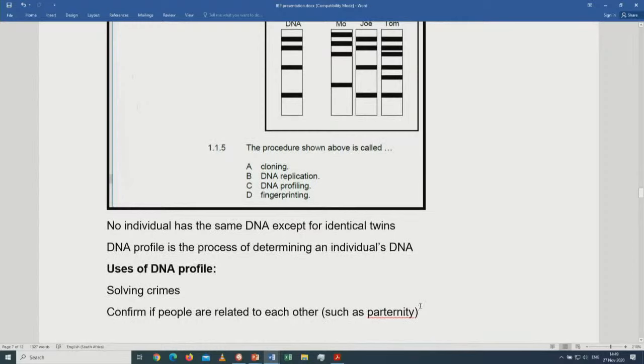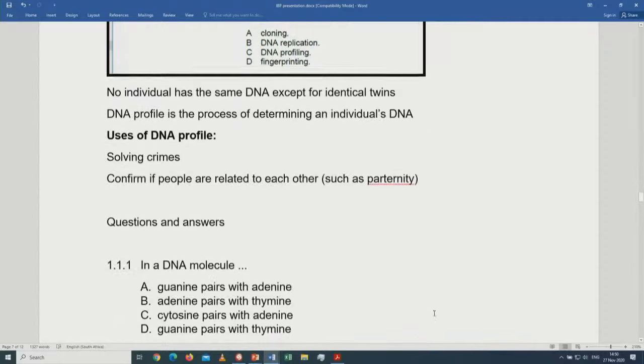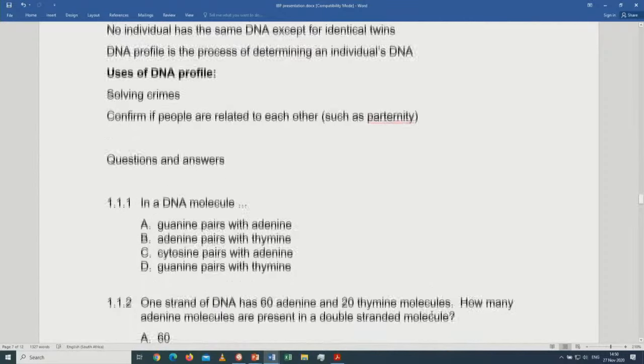Later on we'll look at how we can use DNA profiling to determine paternity. Since no individual has the same DNA except for identical twins, DNA profiling is a process of determining an individual's DNA. Uses include solving crime and confirming if people are related to each other or not, such as paternity.